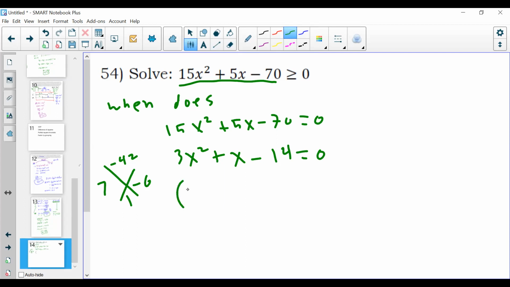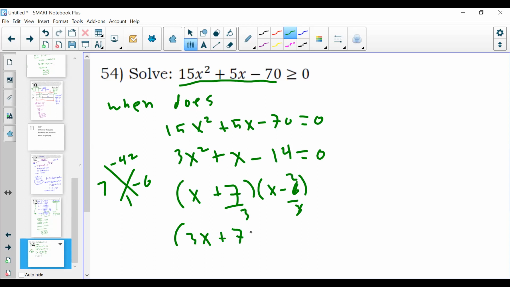So from here, x plus 7, x minus 6. I'm just factoring it my own way. Y'all can factor however you want. This reduces down to a 2. So this factors out to 3x plus 7, x minus 2 equals 0. So just figure out when it equals 0. You could have used the quadratic formula, completing the square, whatever you want.